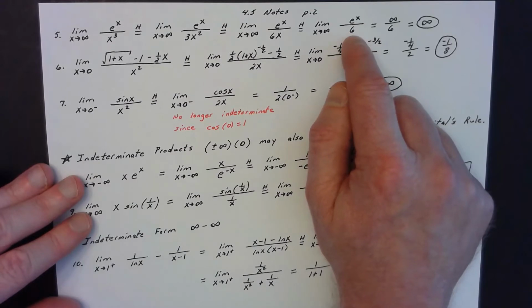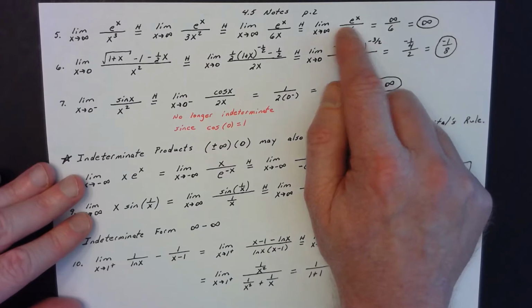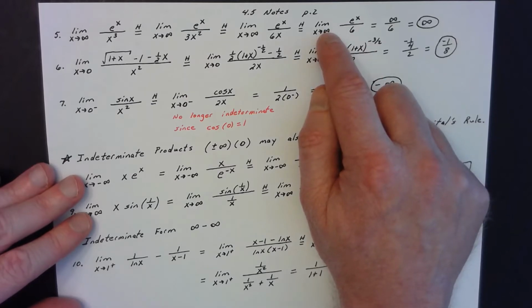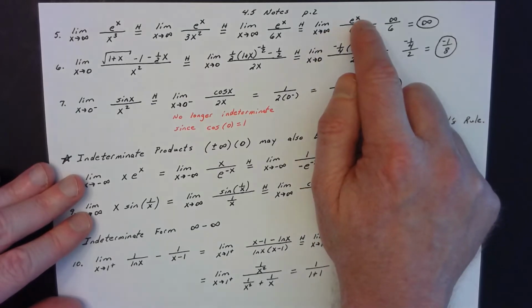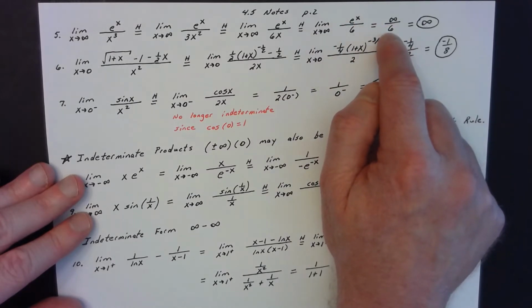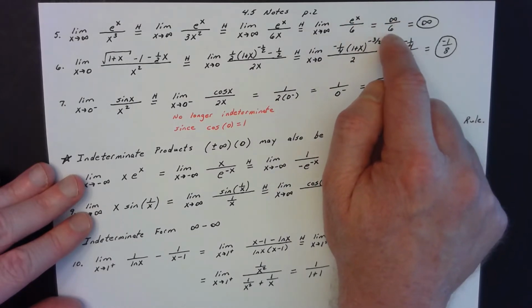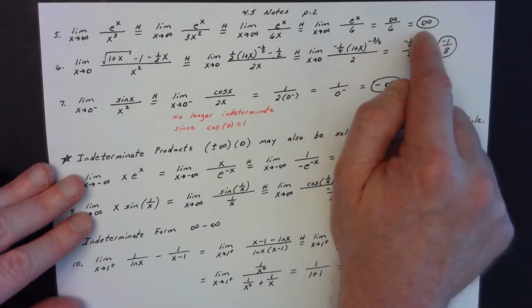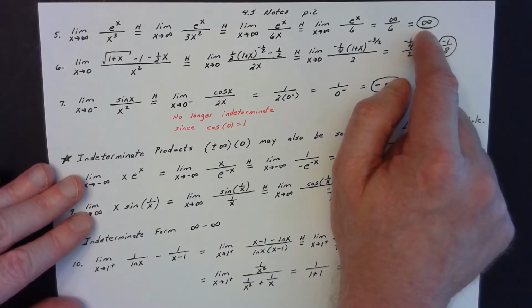The instant you get a finite number in part of your fraction, you're done. Because now you can say, can I evaluate at an infinity? Sure. Your numerator e to the infinite power is an infinite number. Your denominator is 6. Infinity divided by any finite number is infinity. So we don't ever say infinity over 6 for the final answer. We just say it's an infinite number.